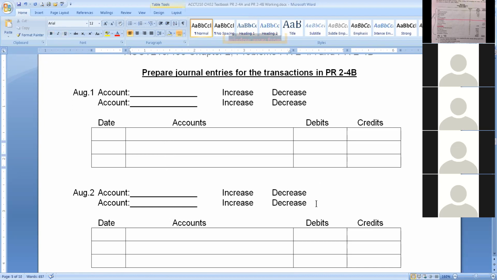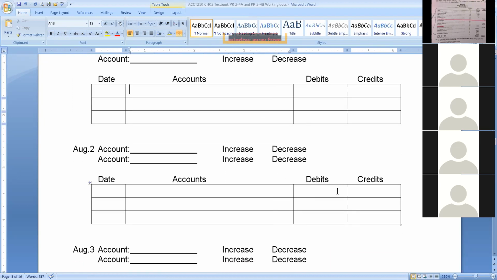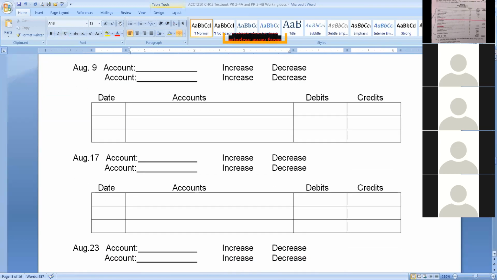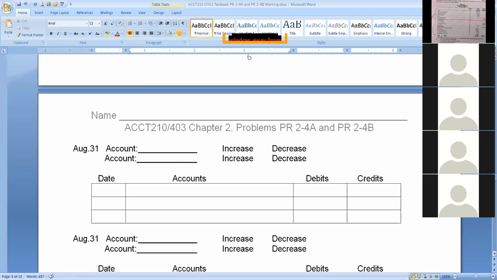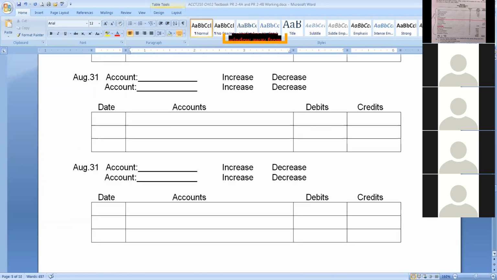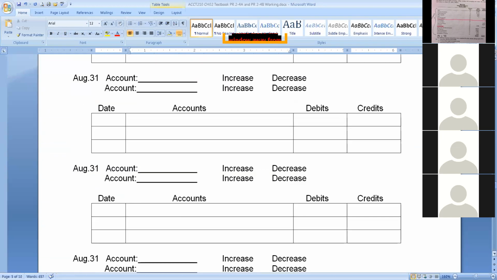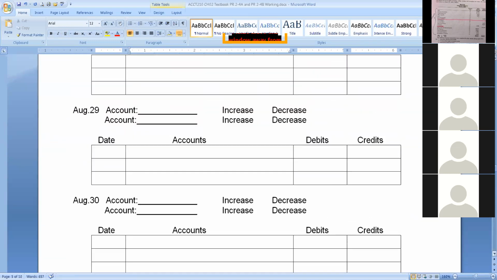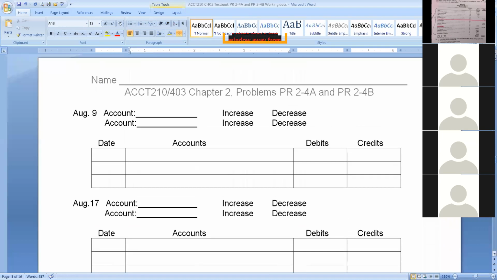But anyway, so the PR 2-4B is there. I think I set it all up correctly. I'm not seeing the one. Hold on, I think I may have done something wrong with this one. The setup.